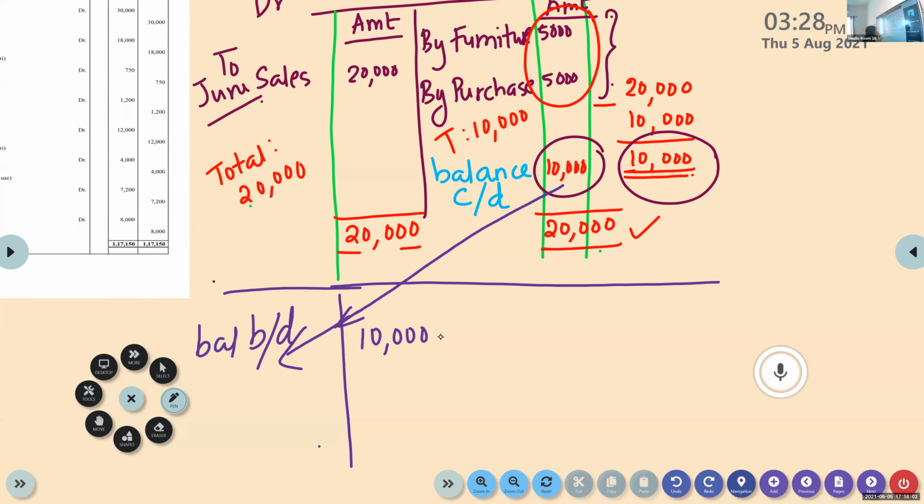So this means that the business has 10,000 as cash balance.